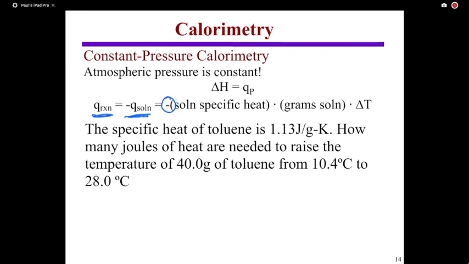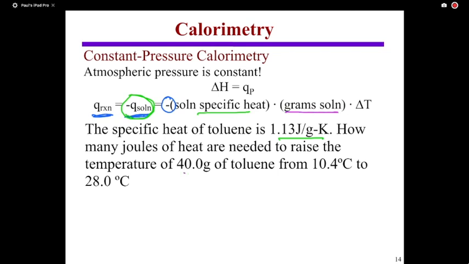Heat's going to flow. Where's heat flowing into? The solvent. The solvent is part of the solution. So, first of all, we know now that we're solving for this thing right here. Okay? And so, to do this, we have to multiply the specific heat. Do I have specific heat? Yes or no? Yep, right there. You have to know the grams of solution. Do you have that?